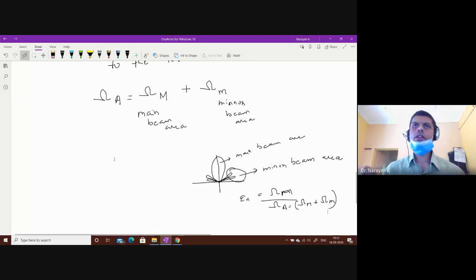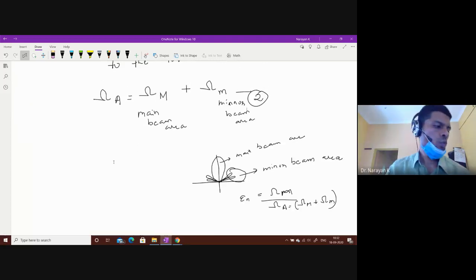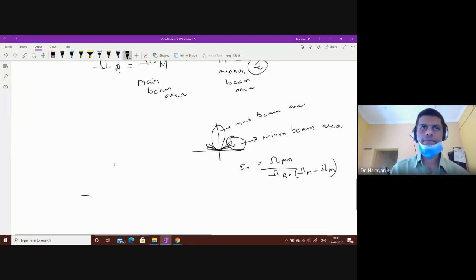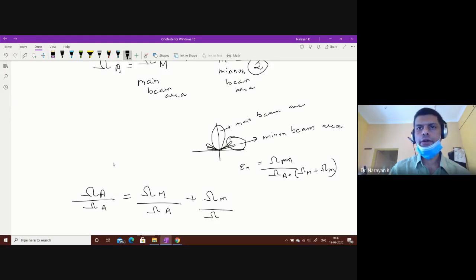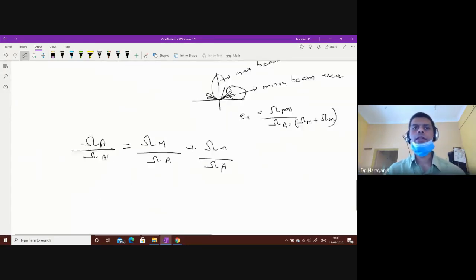Okay, so let me call this equation 2. So this is your total beam area. Divide equation 2 by total beam area on both sides. So what you will end up getting is omega A divided by omega A is equal to omega M, that is the main beam area, by total beam area, plus minor beam area divided by total beam area.